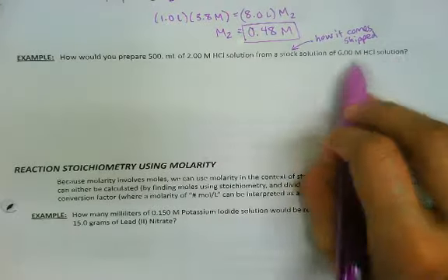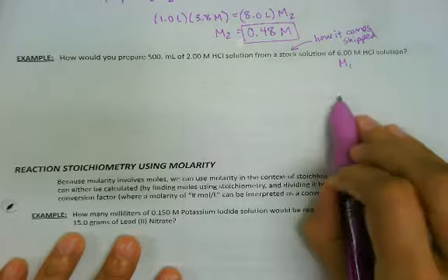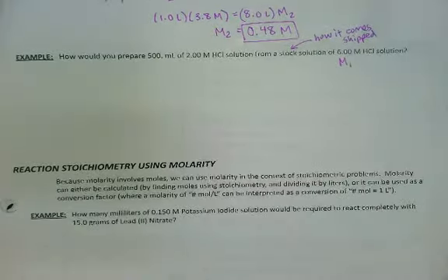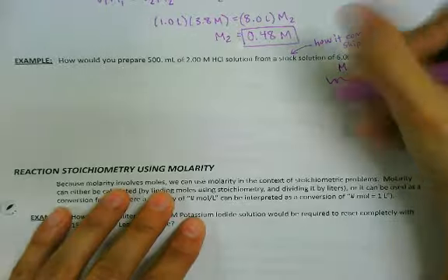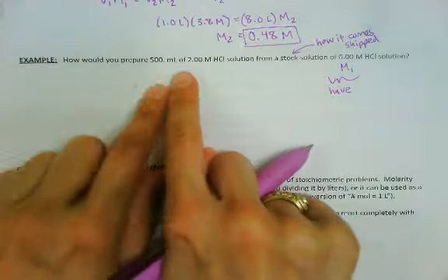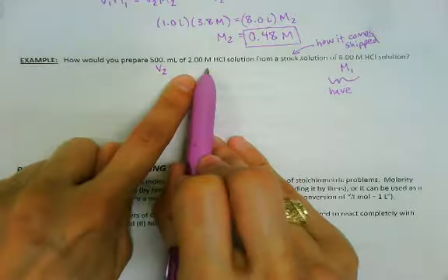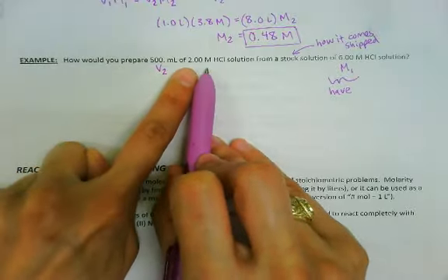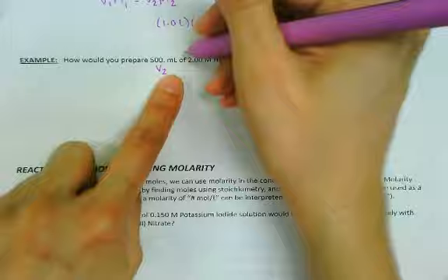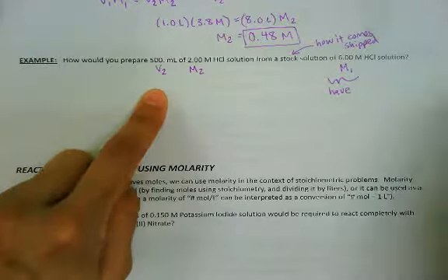Okay? And so what we have is this value. I'm just going to assign this M1 as what I have. But I want this volume, I want 500 milliliters of a 2 molar hydrochloric acid solution. I don't want 6 molar hydrochloric acid. I want 500 milliliters of 2 molar hydrochloric acid.